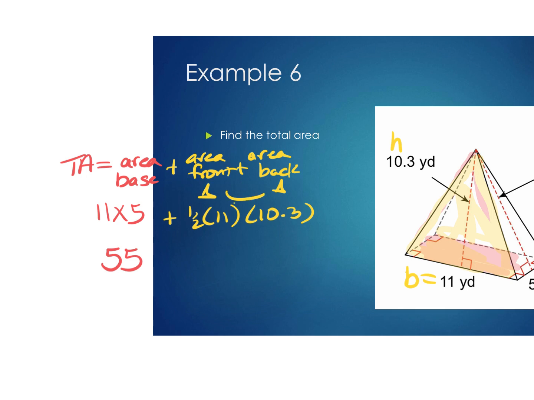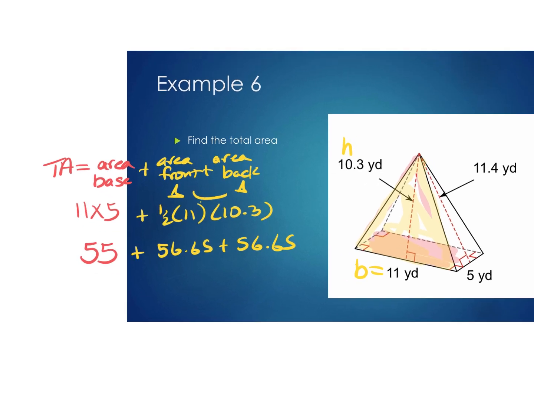They're both the same. Once I multiply this, I get 56.65, and I have 2 of them, the front and the back. So I'm going to add this in twice, or you can times it by 2 once you find one of them.